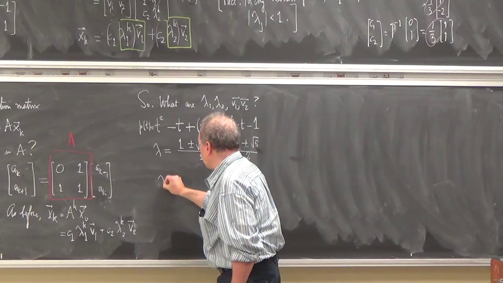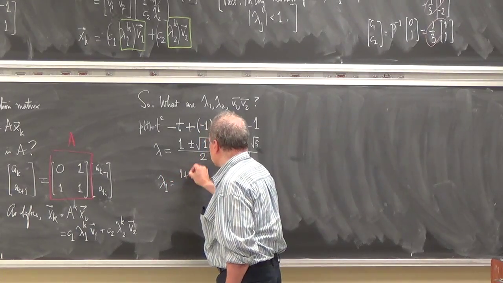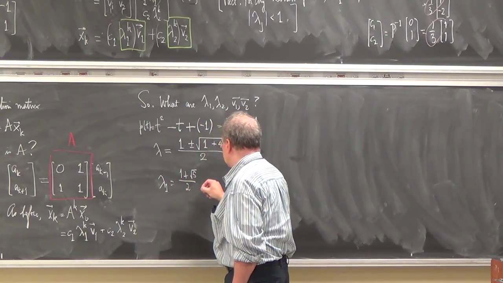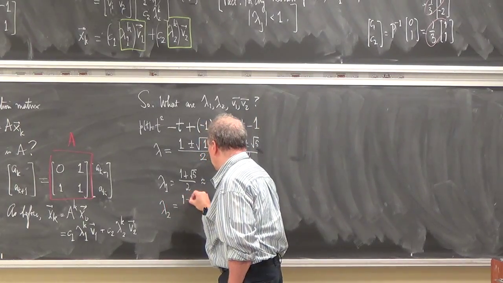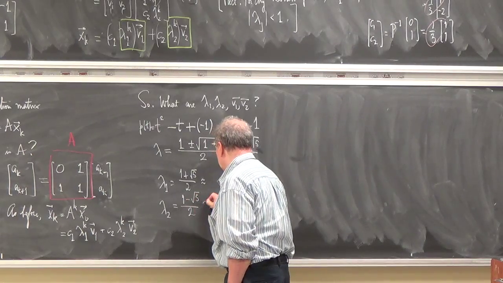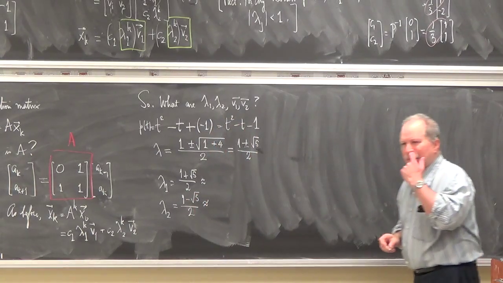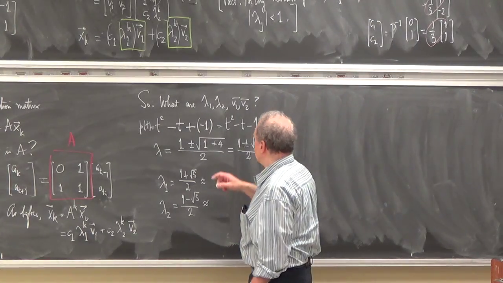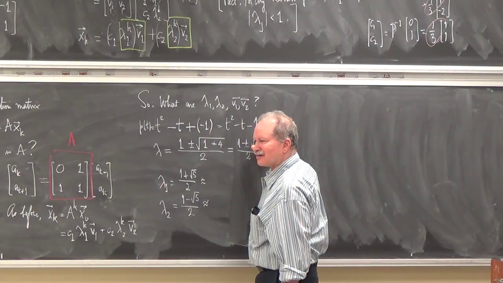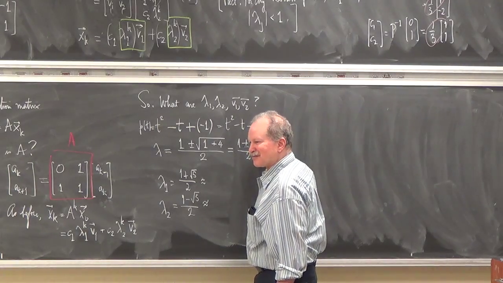Okay, so we have lambda 1 is 1 plus the square root of 5 over 2, which is approximately what? And lambda 2, which is 1 minus the square root of 5 over 2, which is approximately what? Well, this is the product of their roots, so negative reciprocals.